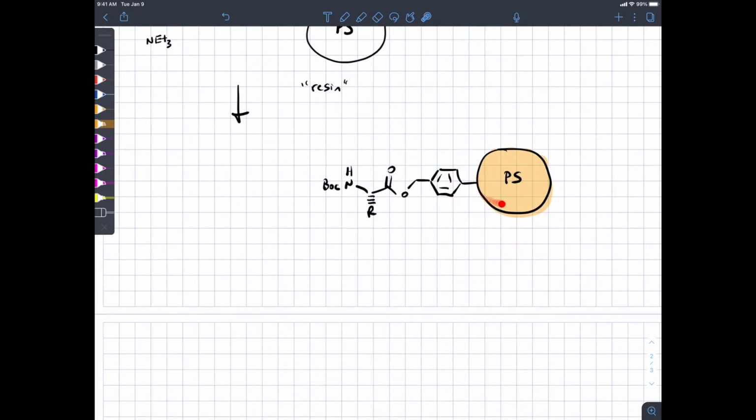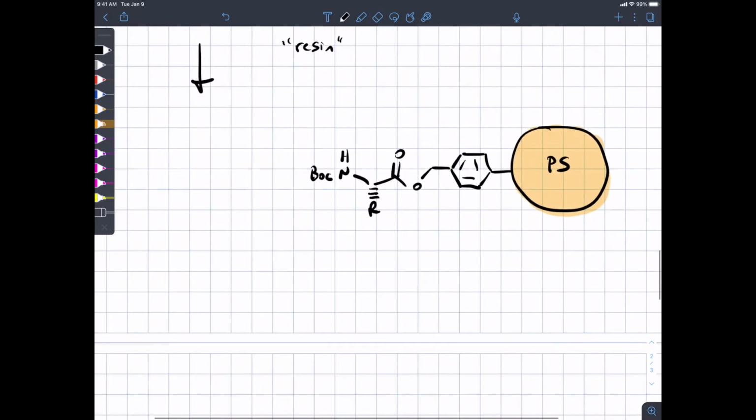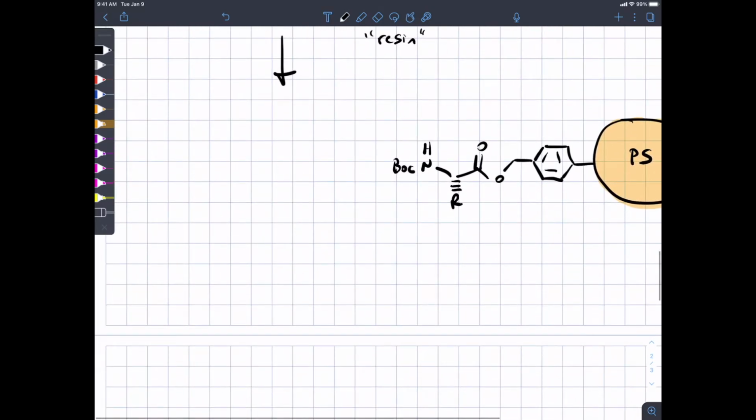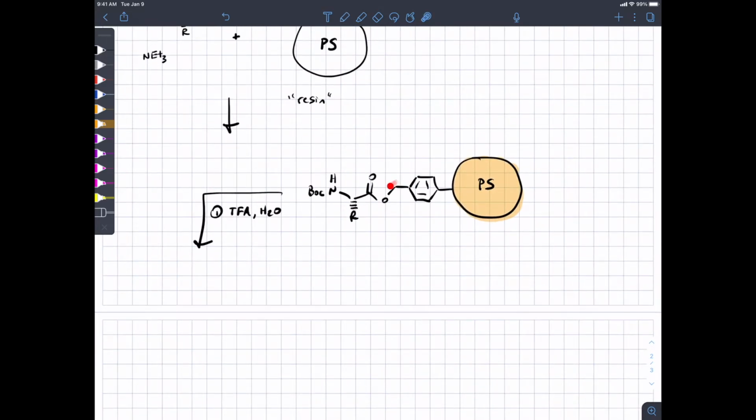And this thing is large enough that you can filter it out of a reaction mixture. So now imagine if I wanted to do the coupling reaction, I would first deprotect with TFA and water. That does not cleave the link between amino acid and resin, but it does remove the Boc group, right?